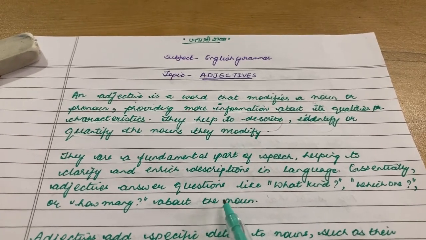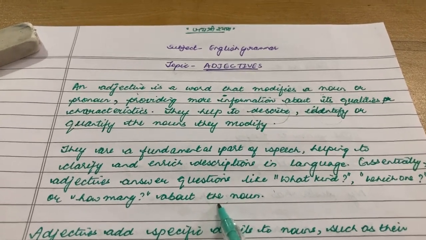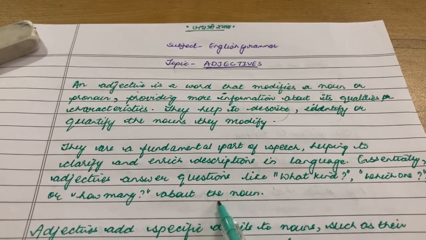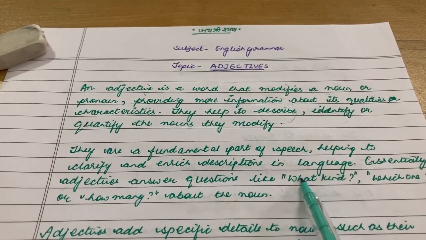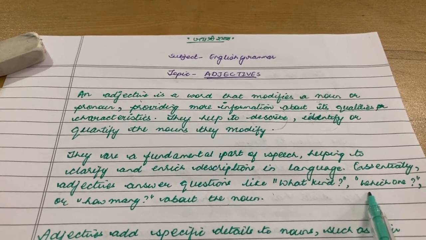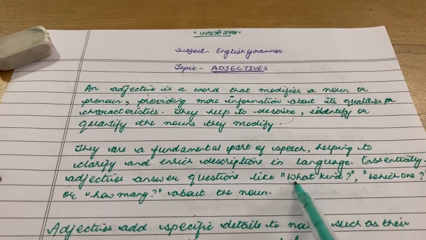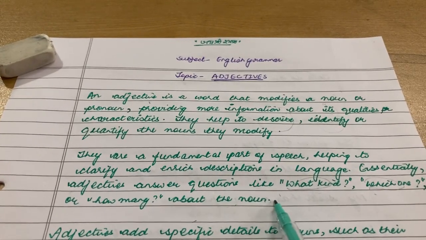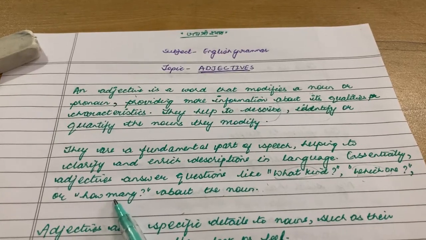So when we refer to any sentence, at times we get a thought in our mind: what kind of thing is that sentence referring to, or which one, or how many? All these questions that arise in our mind get answered by what? By the adjectives used in the sentence.